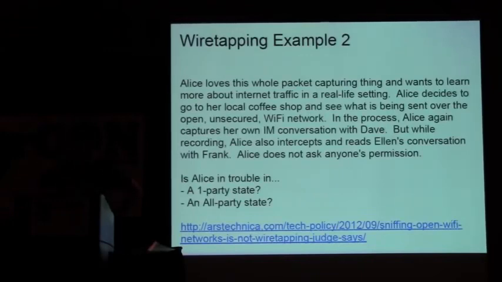Everyone thinks that was a stupid decision. It also goes against a court case out of the Ninth Circuit, the California area, where the court held the opposite. They said that even if it's unsecured Wi-Fi, that doesn't give you a license to just go recording everything on it. So both cases are being appealed.